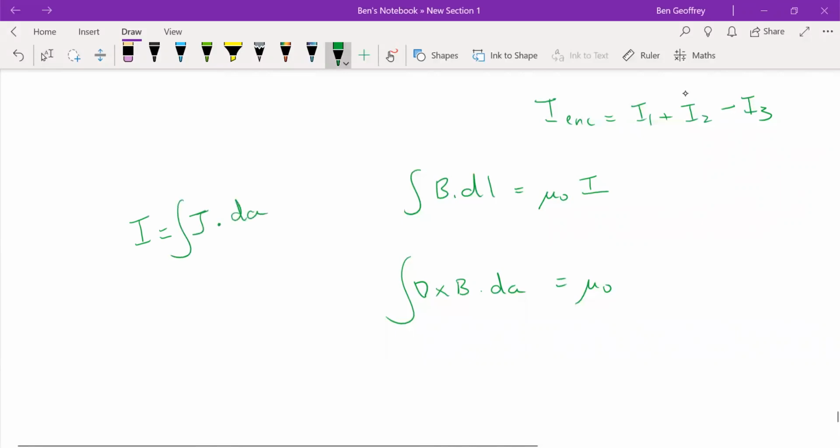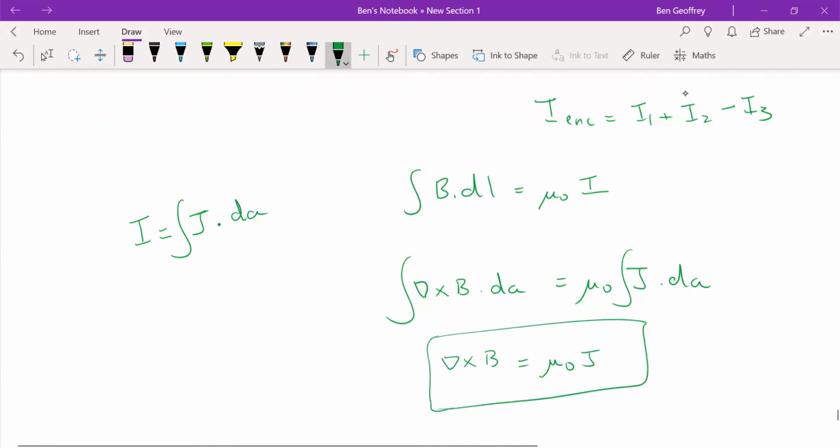Okay, so you might recall that J is your current density. Just as we had rho for charge density, J is your current density. So if you remove the integrals on both sides, the area integral just becomes J. So this is your fourth Maxwell's equation.